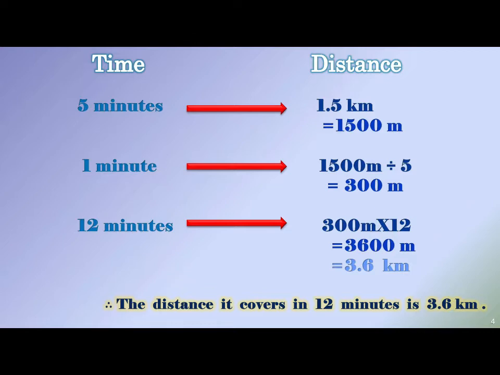To find it, you should divide the distance in 5 minutes by 5. Also, to find the answer, you should multiply the distance in 1 minute by 12. When dividing by 1000, we can get it as 3.6 kilometers. Now you have to do the exercise 10.2 in your textbook.